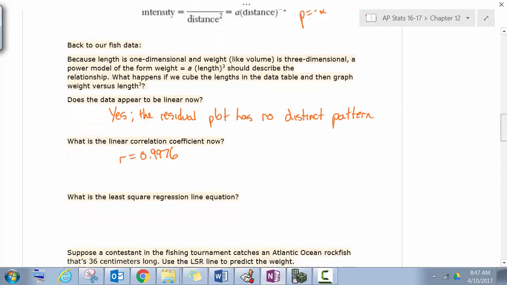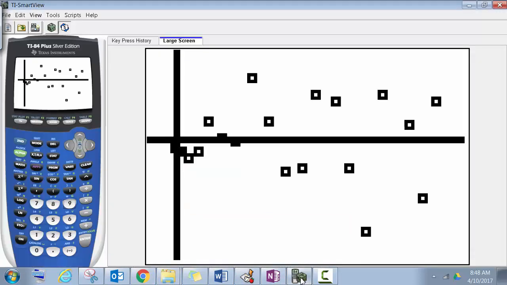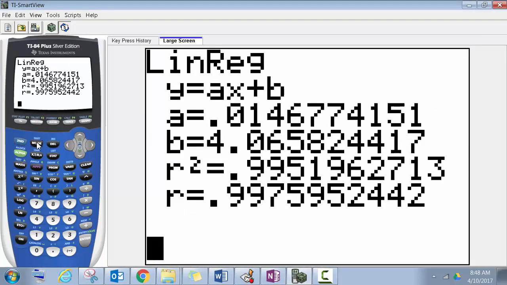So what is the least squares regression line? Well, it's our predicted weight, we have to find our A and B. We have our A here, we have our B here. However, our X value is actually length cubed now.